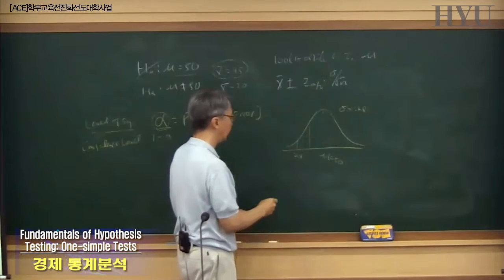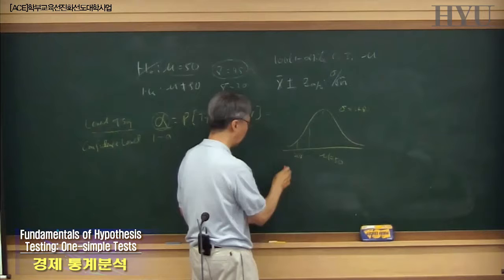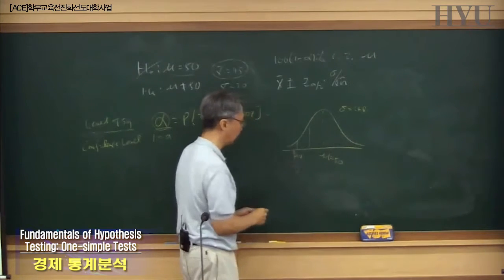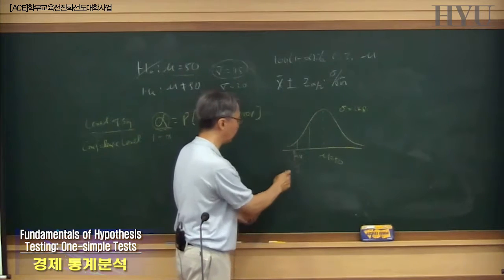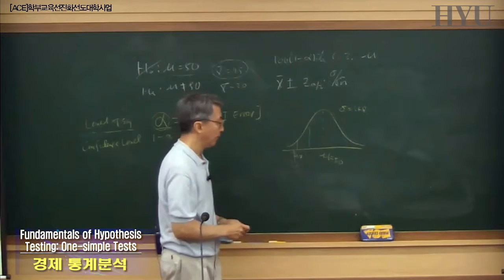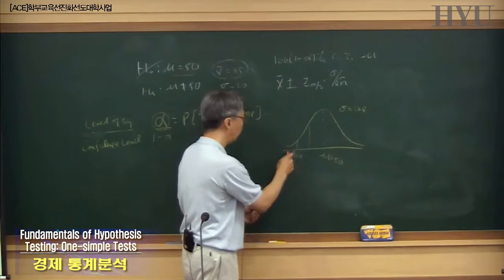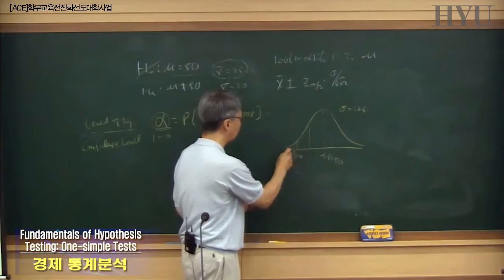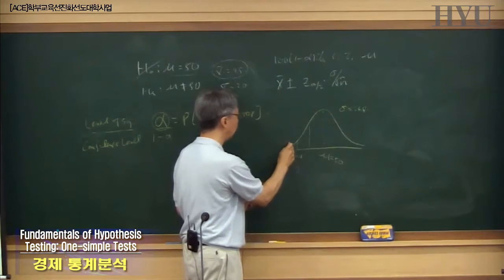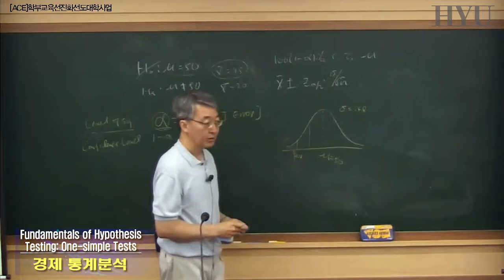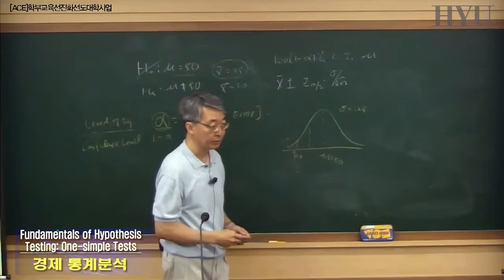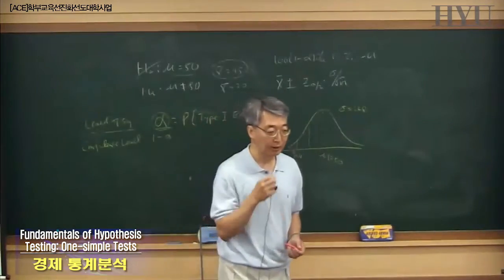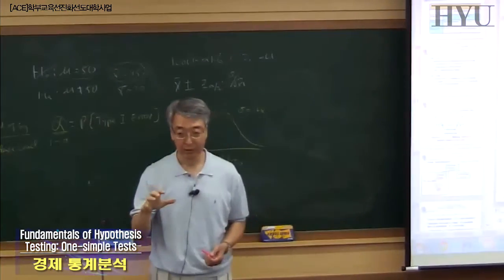But our test statistic indicates that the sample mean is 20. Then I told you that you can probably reject the null hypothesis because that chance is only 2.5%. But still, it is possible that this is true. Somehow, you select a bad sample like this.